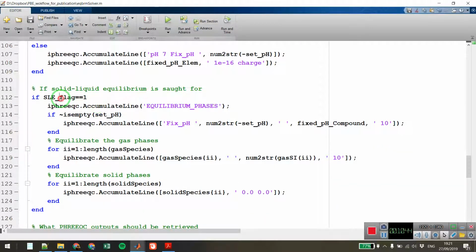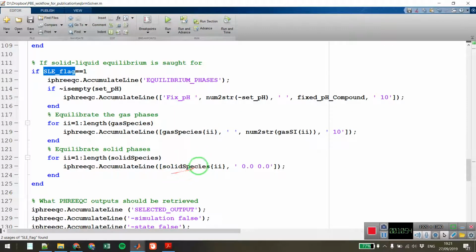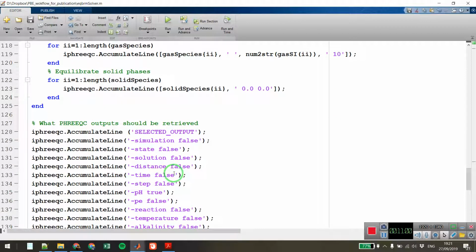Then if we have the solid liquid flag, we also have to do calculations, again considering the fixed pH situation, enforcing a partial pressure of gases, and of course trying to enforce solid liquid equilibrium with respect to different species. So you provide zero amount and keep dissolving until you reach solid liquid equilibrium.